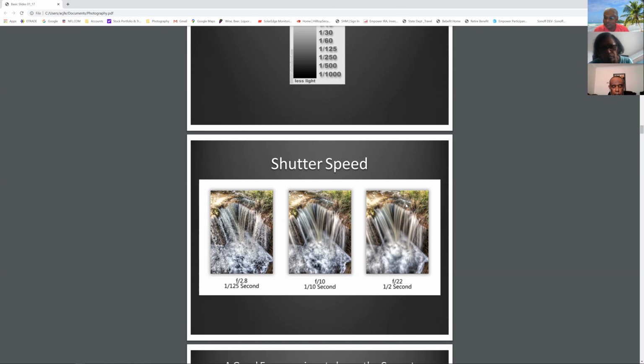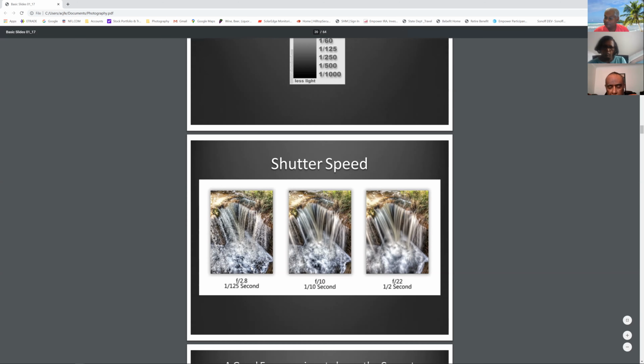All three are exposed at the same level. But what happened is the number of seconds: this one is only half a second, this is 1/10 of a second, much faster, and this is 1/125th of a second.